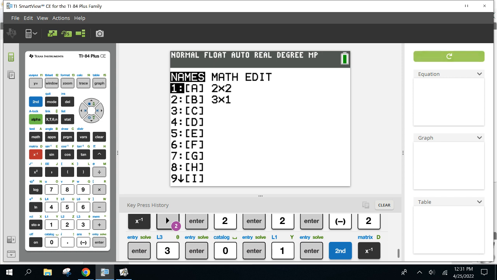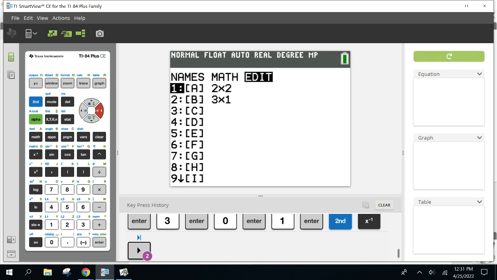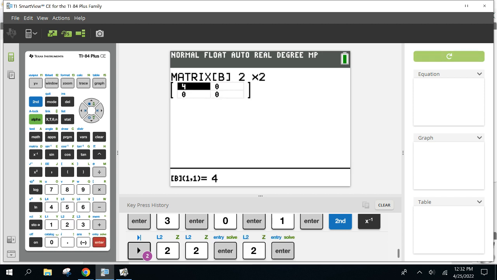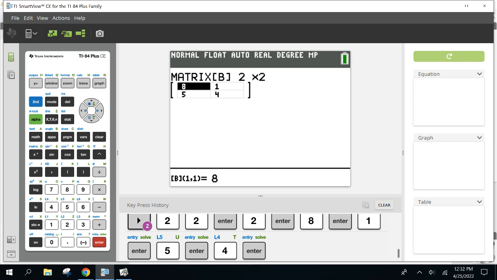Go over to edit again. But now we're going to edit matrix B, choice 2, which is also a 2 by 2. And type the numbers you need in for matrix B. 8, 1, 5, 4. Let everyone catch up.